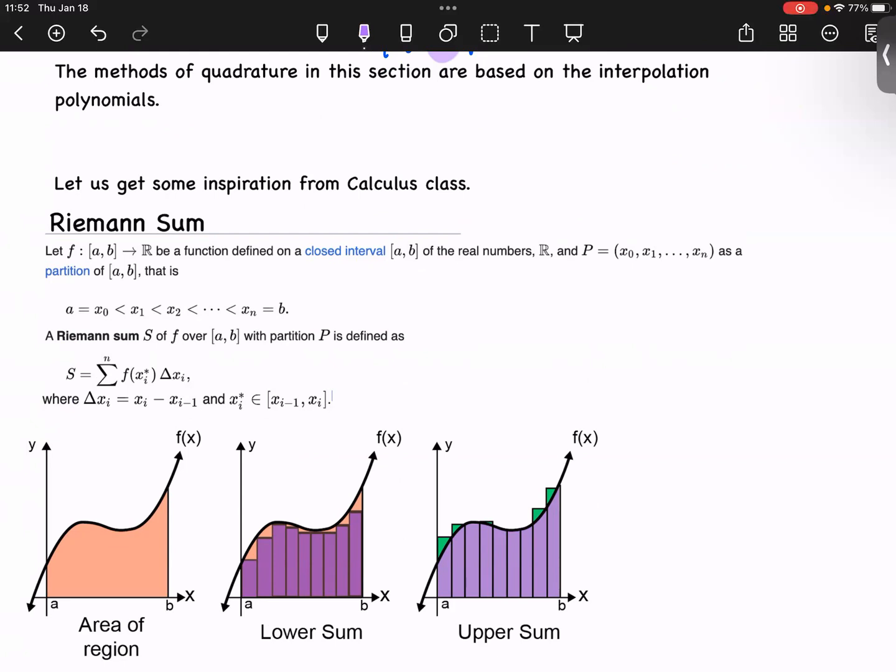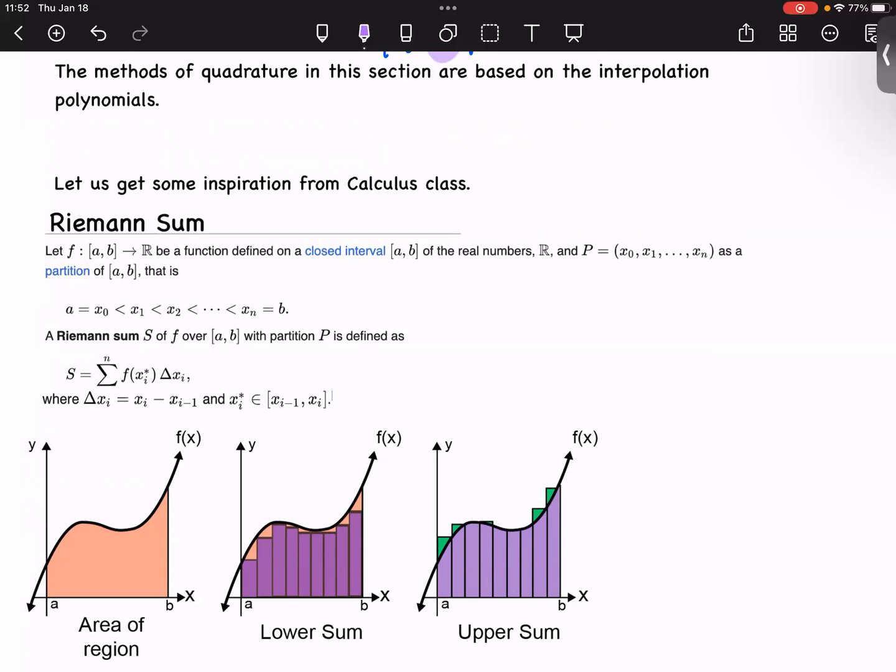For example, we have x0, x1, x2, x3, x4 here. And we choose some representative point in the interval from xi-1 to xi. For the first interval, we choose some representative point between x0 and x1, evaluate f at the representative point, and multiply by the length of the interval. Then we sum over all the subintervals, and this is the Riemann sum.